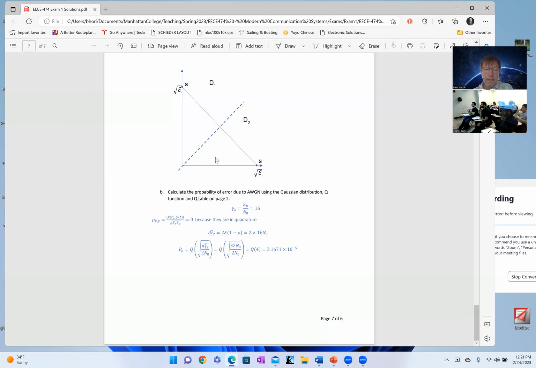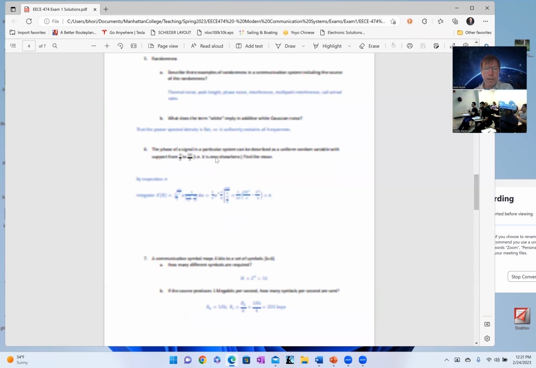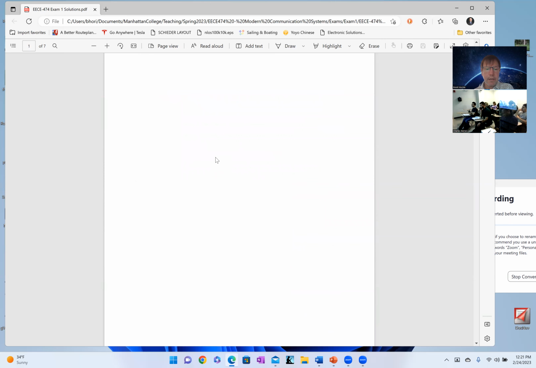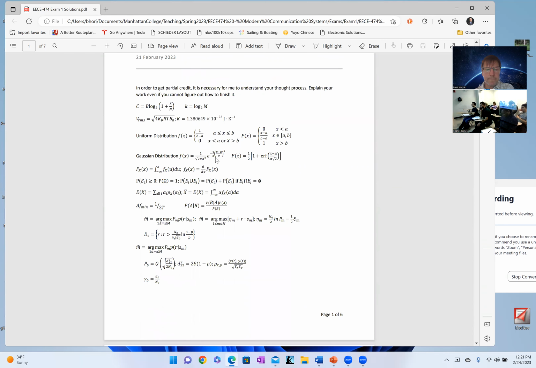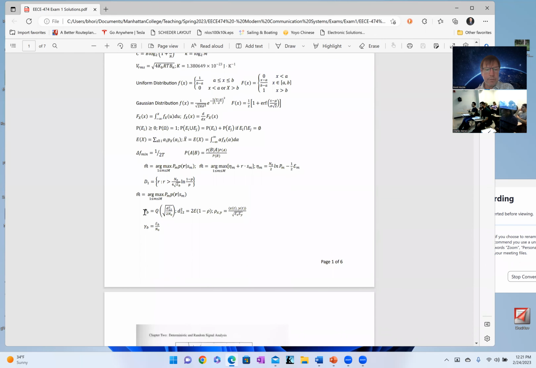So then you're going to look at these equations here, and you're going to say, okay, well, it's equally probable, so I can use this equation, but what is this D12? Well, you could use your geometry, Pythagorean theorem, and figure that out, or you can use this relationship right here.